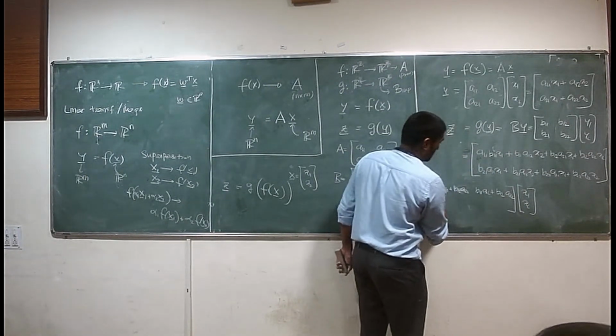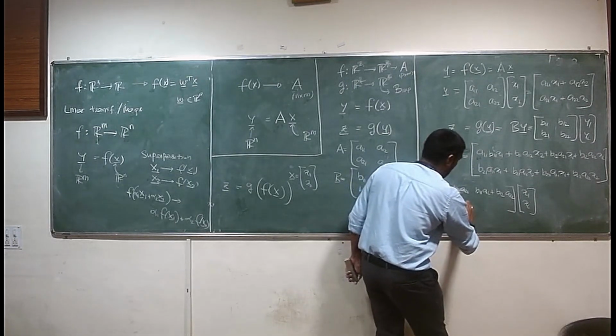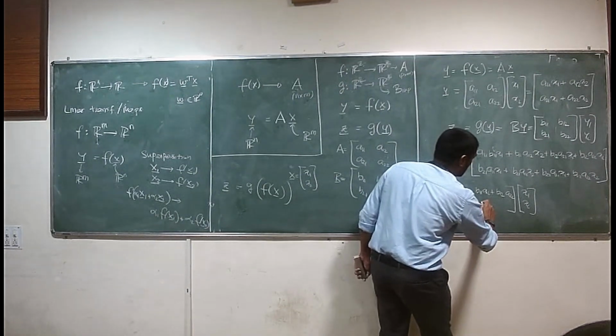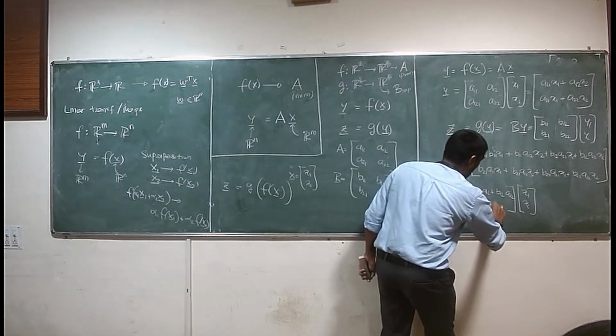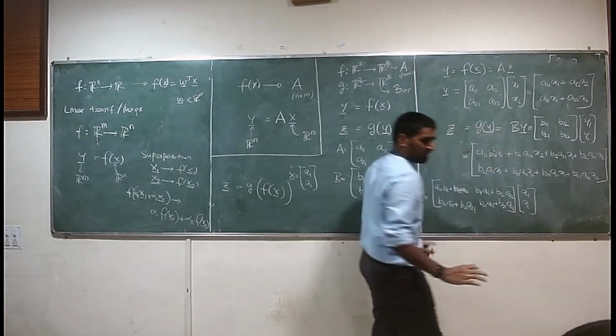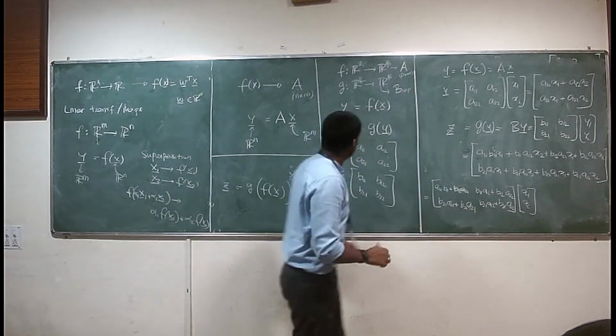What about this? Similarly, so it will be b21, b21, a12. Okay. Let's just leave it like this. Okay.